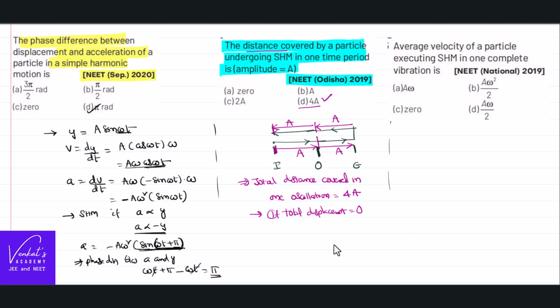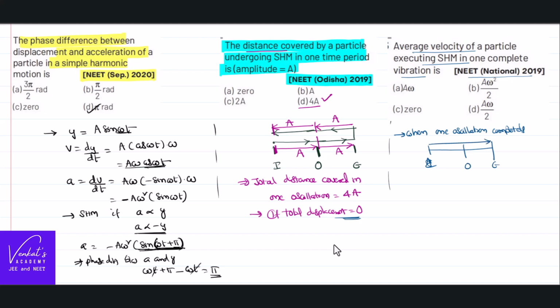Well, this is also a relevant question. Easy question, NEET 2019. What he wants is the average velocity of a particle executing simple harmonic motion in one complete vibration. I have explained to you in the previous problem that when one oscillation completes, as I have told you, it started from one place, say extreme position, mean position, extreme position.